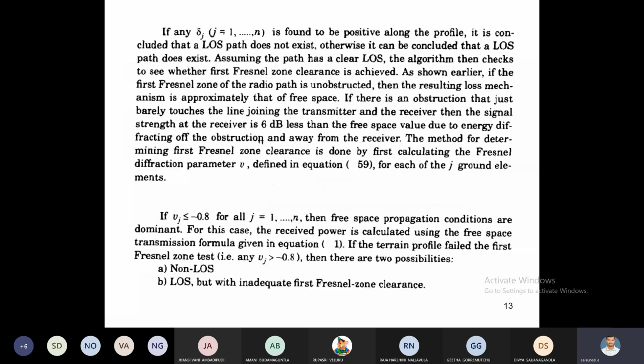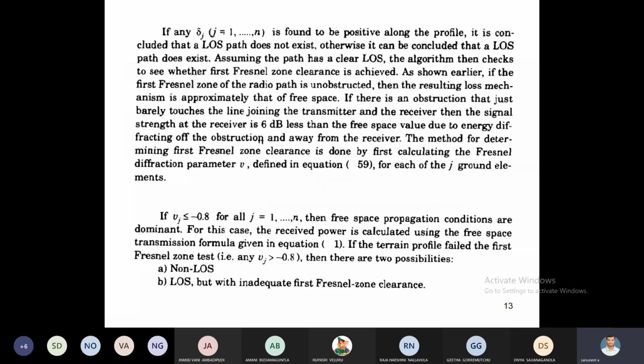Here in this concept also we have to consider the first Fresnel zone concept. Based upon this first Fresnel zone concept, finally we are calculating the new parameter V. What is meant by V? Diffraction parameter V. Based upon this V value only, we are calculating the gain.